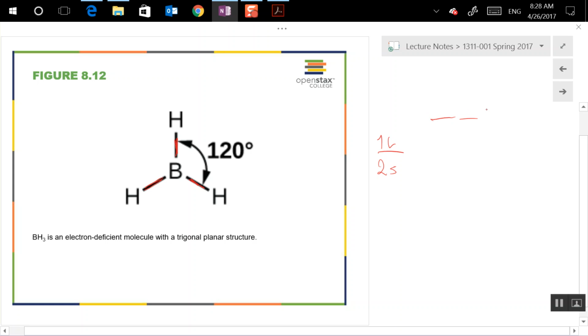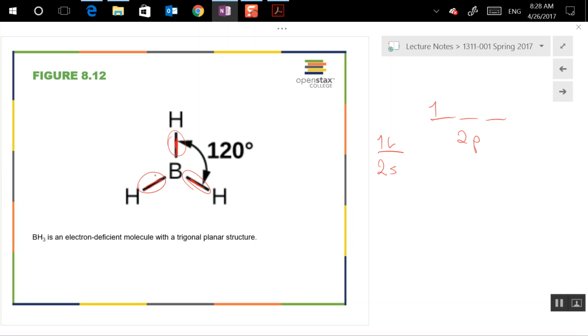And 1 electron in the 2p. So it's forming, though, 3 bonds. 3 sigma bonds.